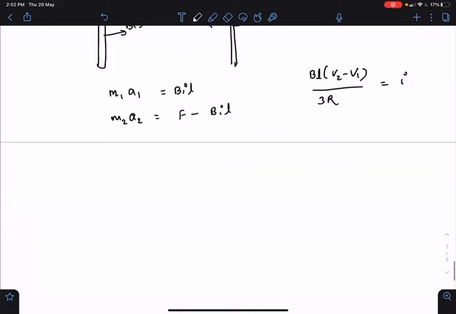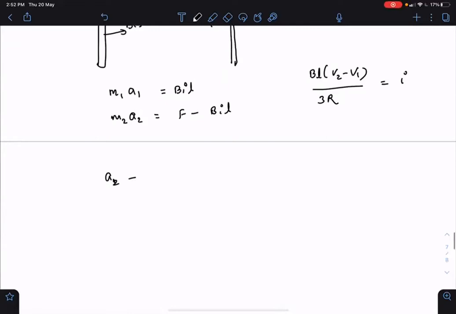Again, you subtract these two equations after dividing by mass. So you get A1 minus A2. Let's put A2 minus A1. So A2 minus A1 will be equal to F by M2 minus BIL by M2 minus BIL by M1.